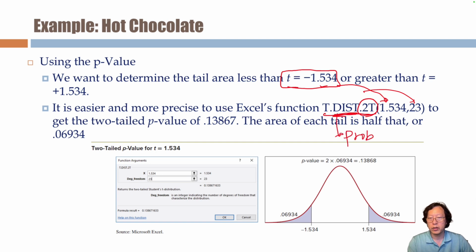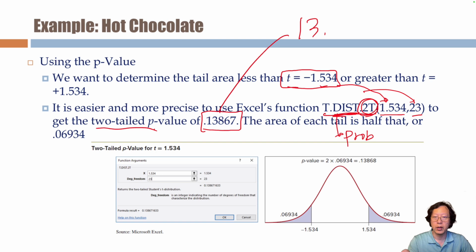So you plug in the t, 1.534, and the degree of freedom is 23. Then you will get the p-value, two-tail. T.DIST.2T is the two-tail function. The p-value is 0.1387, which means it's about 13.87%, right?